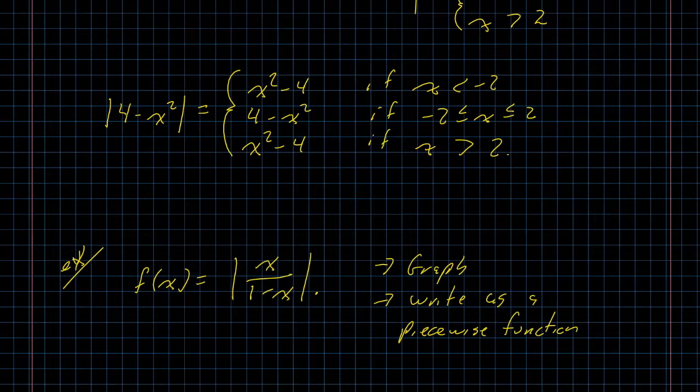So I would like you to graph this function. And then after you have graphed the function using Desmos or something like that, see if you can go through what I just did and write this as a piecewise defined function.